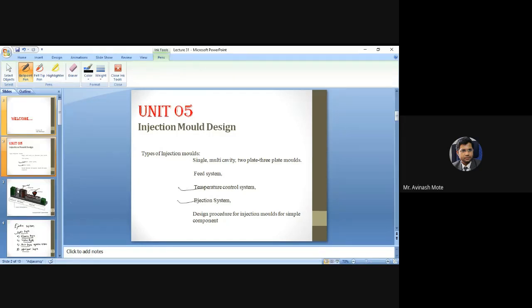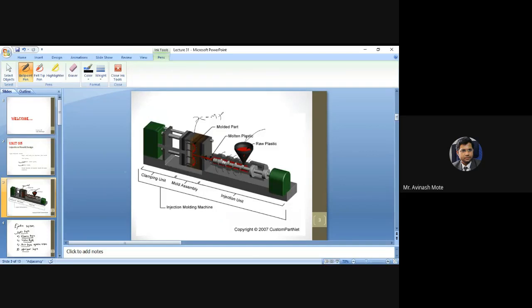Now before going to the actual points, we discussed the basic mechanism of injection molding also. As I told yesterday, this is a simple feeding mechanism. The raw material is fed into this hopper, which will pass through this barrel. A rotating screw will be there, and spirals are there on the screw. Okay, spiral screw is there. So as it starts rotating, the material will be pushed ahead.